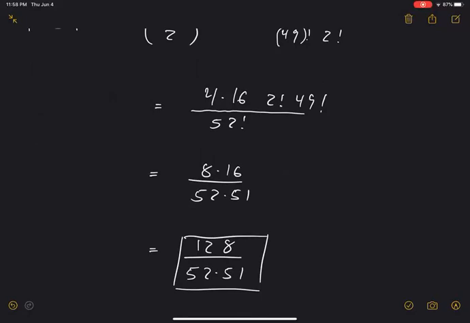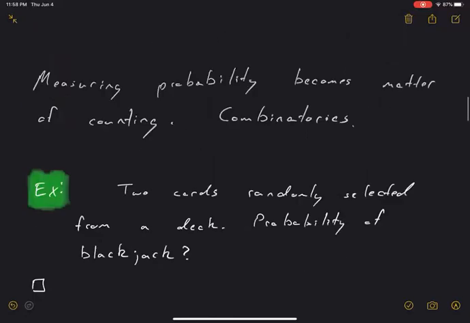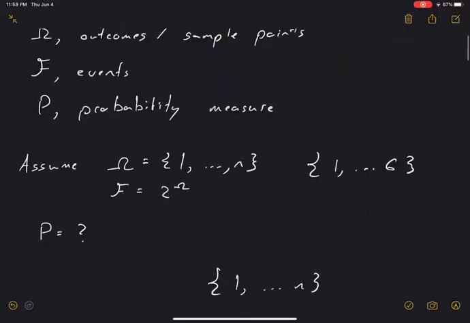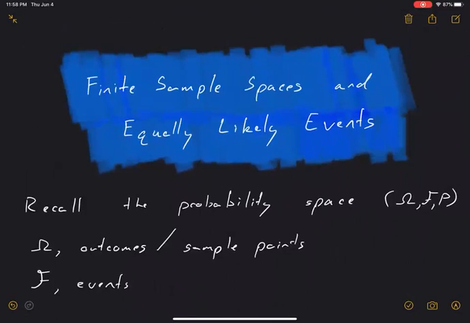So really that's all I wanted to present in this video, a little connection between the idea of the probability space and the more intuitive idea we might have from undergraduate probability. A good book for this would be Sheldon Ross's A First Course in Probability.